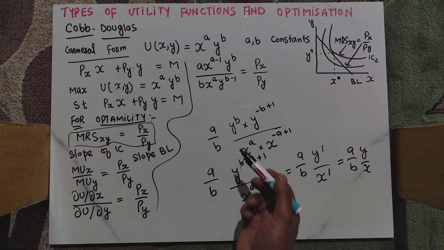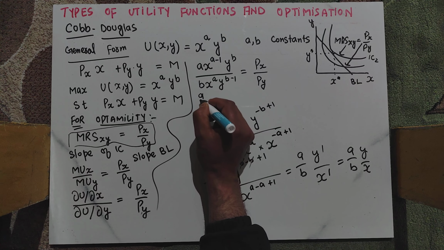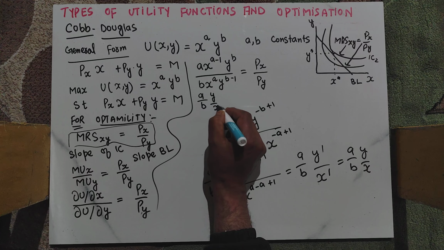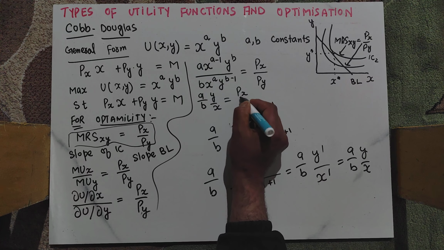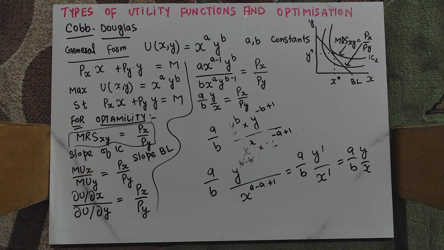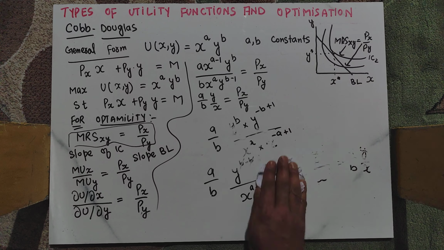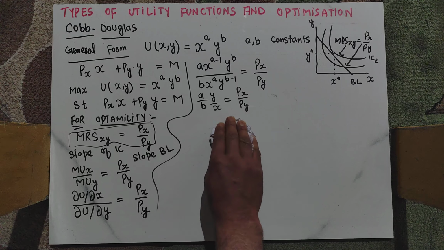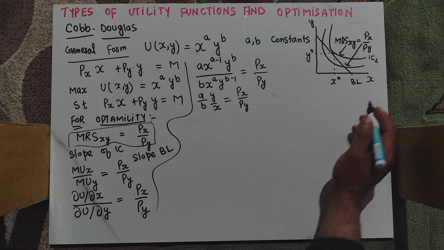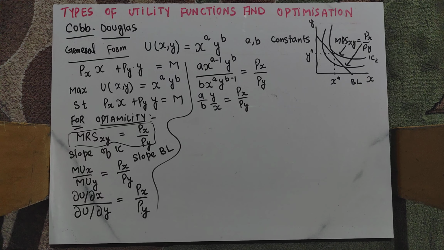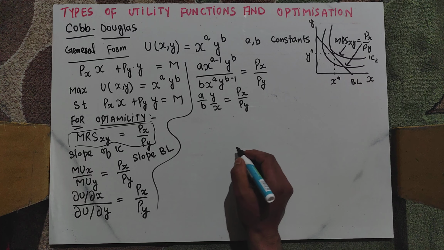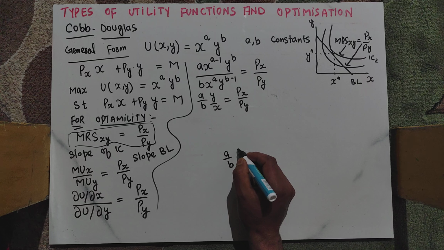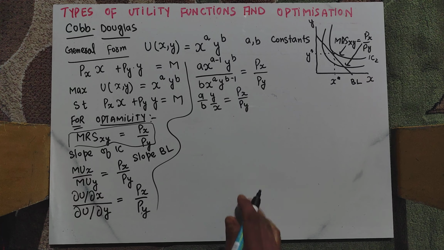Okay, so when we solved this, we got a upon b times y upon x is equal to px upon py. Now I can rub this out. Let us solve it for y first. Let us solve it step by step.